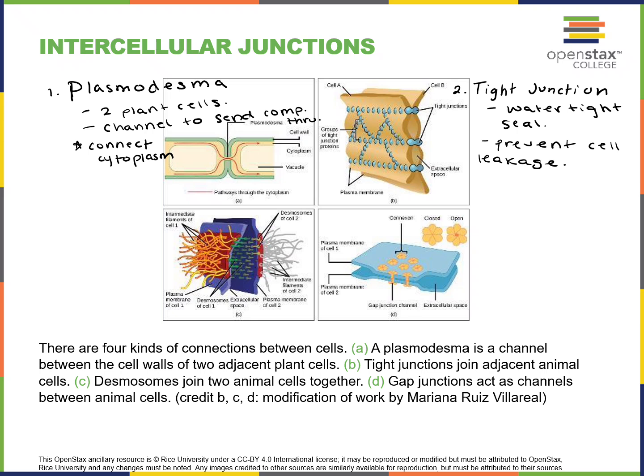Okay. The third type is called a desmosome. Desmosomes are found in animal cells, and they kind of act as like a spot weld.